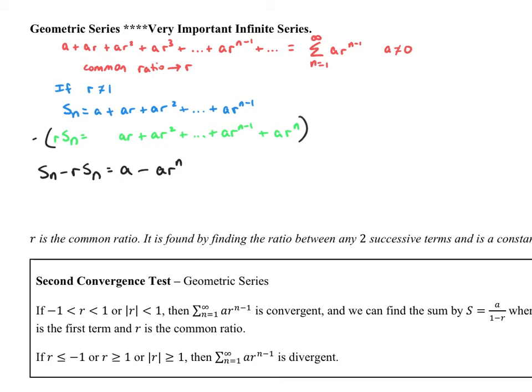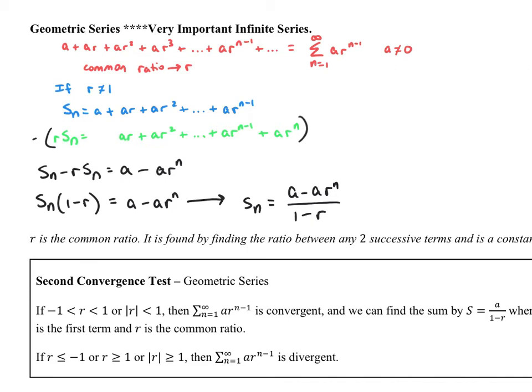Okay. Now I'm going to factor out the S sub n. And we're going to divide by 1 minus r so that we get S sub n equal to a minus ar to the n over 1 minus r.